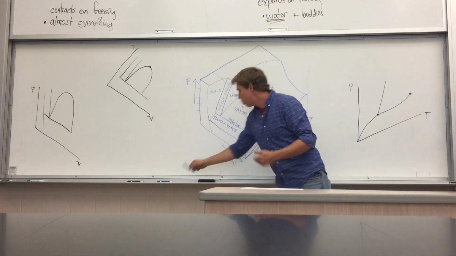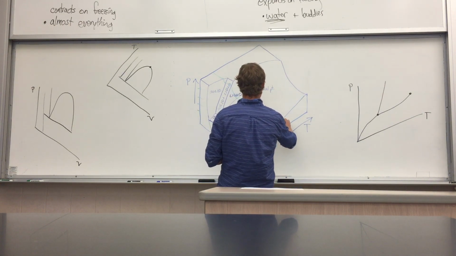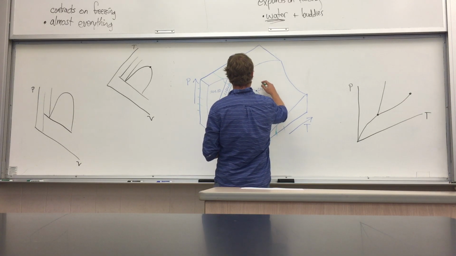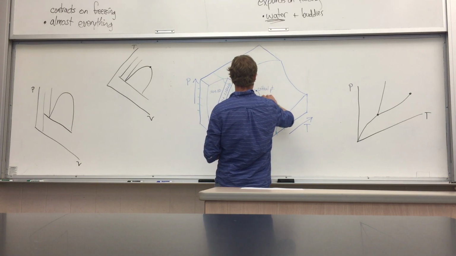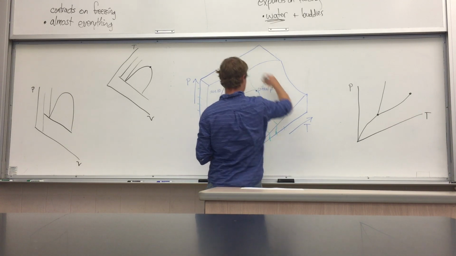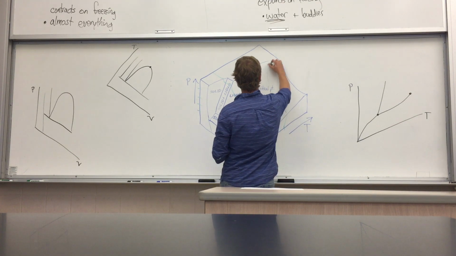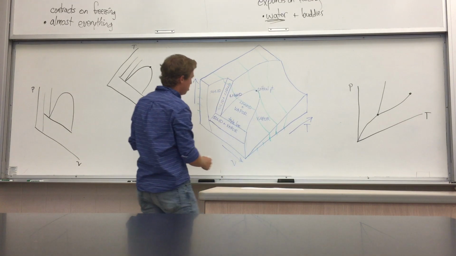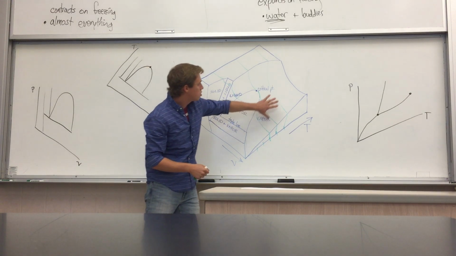We see something else, and I want to draw a couple more isotherms actually to illustrate kind of what we see. So this one's going to go up to the critical point. I don't exactly know how to draw it. Okay, and this one's going to go straight up like that.